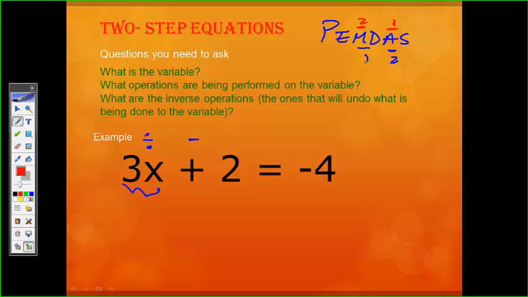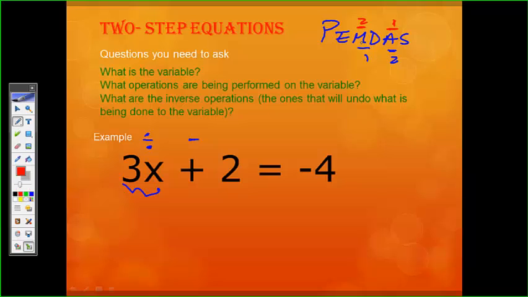Okay, you guys see how we're working backwards here? Normally, if I knew what x was, I would do, let's say, I'm just going to make up a number. Let's say x was 1. Okay, so we'll do 3 times 1 plus 2. If we were going to solve this, if we knew what x was. But since we do not know what x is, we need to work backwards.